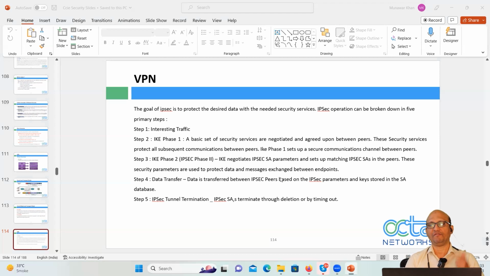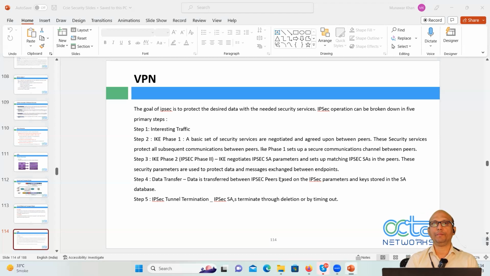One is interesting traffic, second is IKE phase 1, third is IKE phase 2, where you're going to set the transform set, you're going to decide which algorithms you're going to use for encryption of data, integrity of the data, and definitely authentication. Everything will be decided there related to data. And then the data will come and get transferred from one end to another.